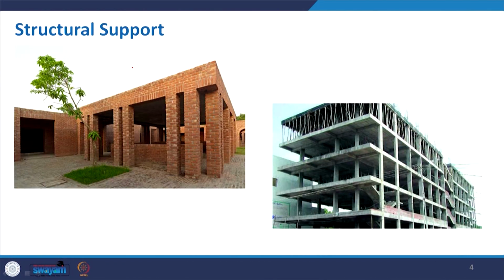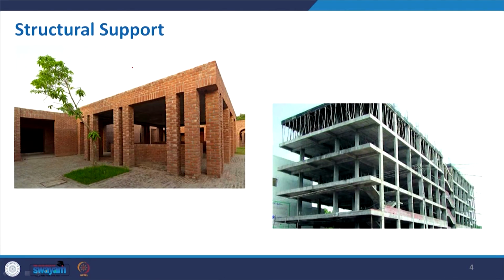Now I have given 2 different pictures side by side, and I want you to guess what could be the reason for putting this. Maybe you can find it easily: it is a very low height structure made of brick masonry.